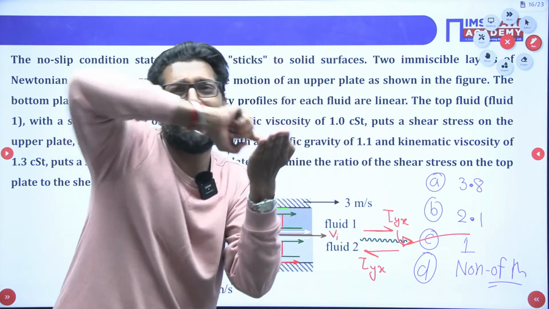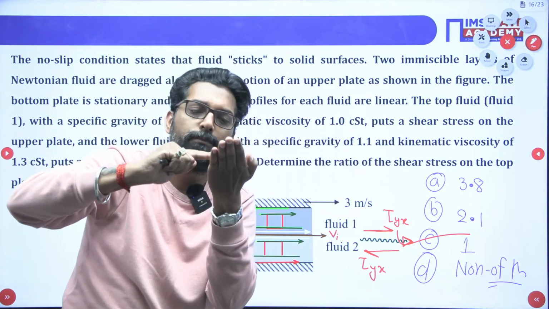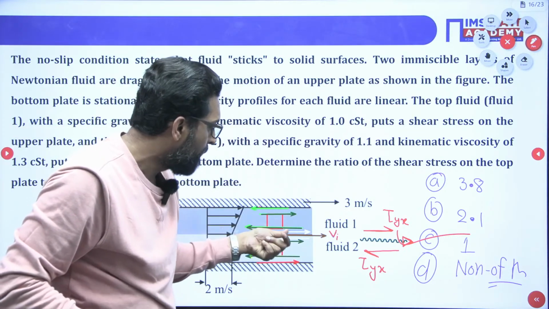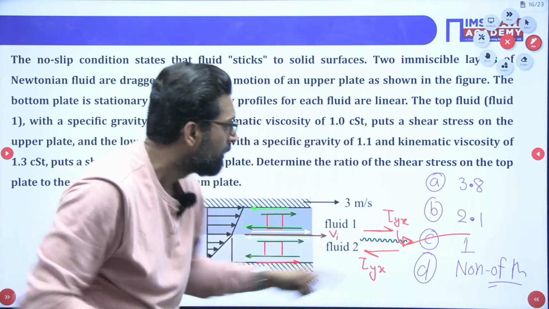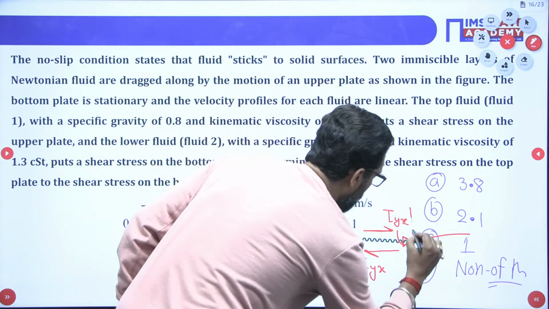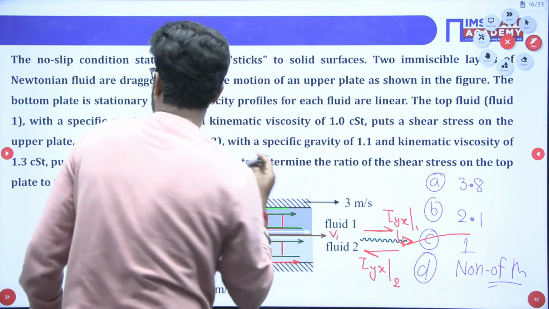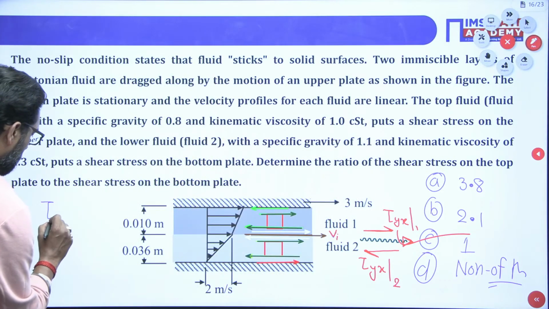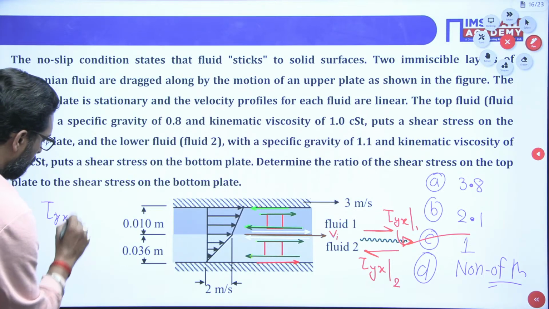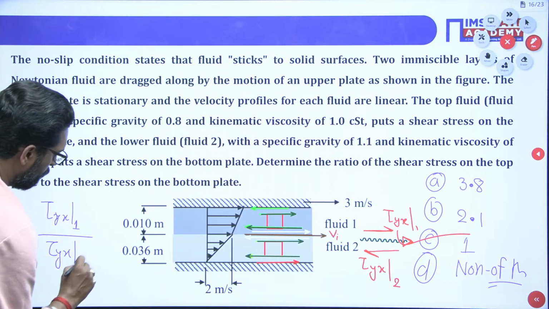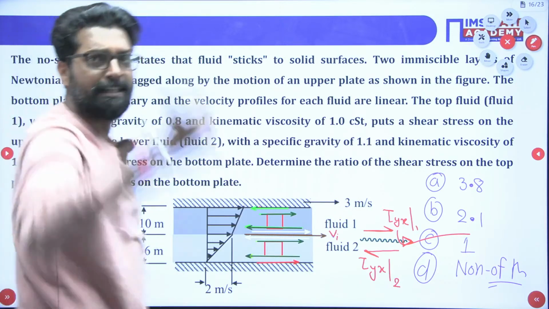So the shear stress due to the top and the shear stress due to the bottom are equal. This is for fluid 1 and this is for fluid 2. So tau yx for fluid 1 divided by tau yx for fluid 2 is 1. Without any calculation you can check.